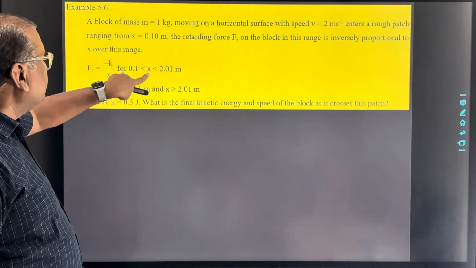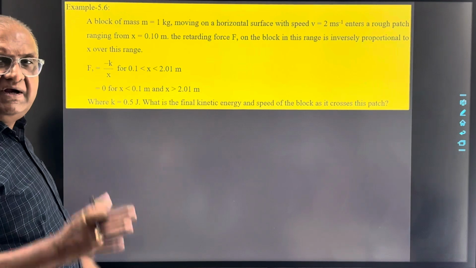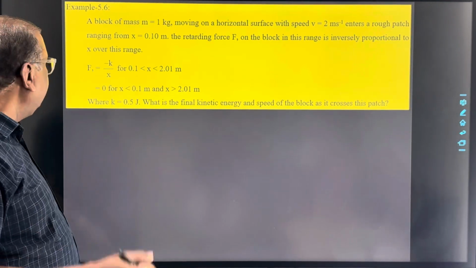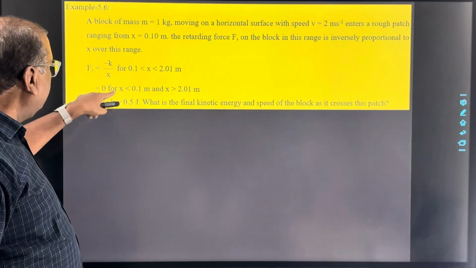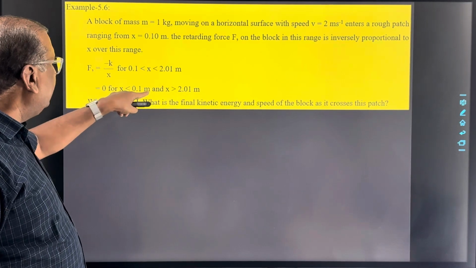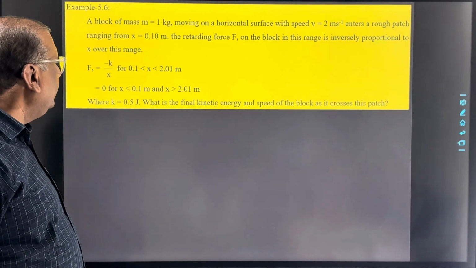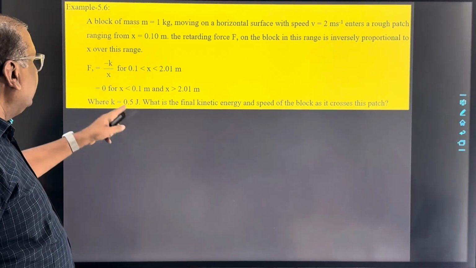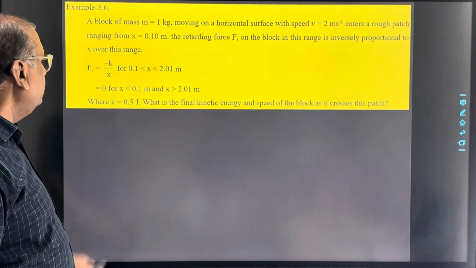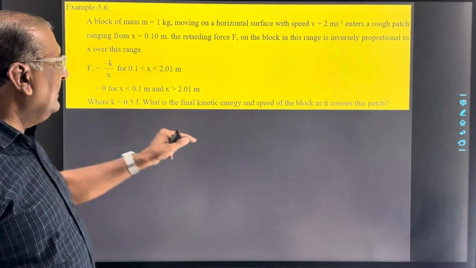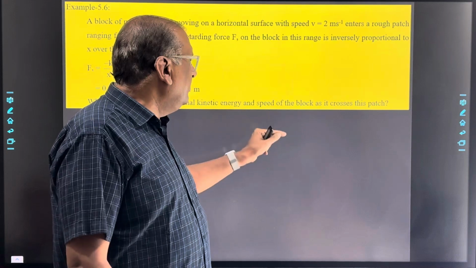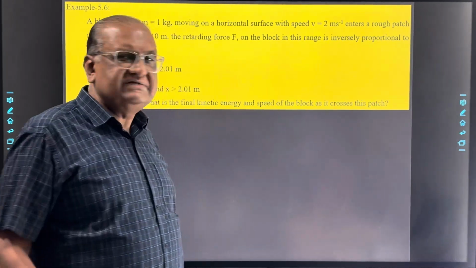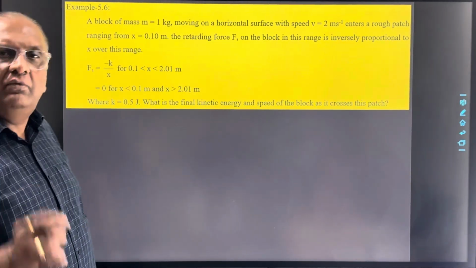So retarding force is only in this particular range of the patch. So F equal to 0 for x less than 0.1 meter and x greater than 2.01 meter, where k is 0.5 joule. Then what is the final kinetic energy and speed of the block as it crosses this patch, that we have to find.